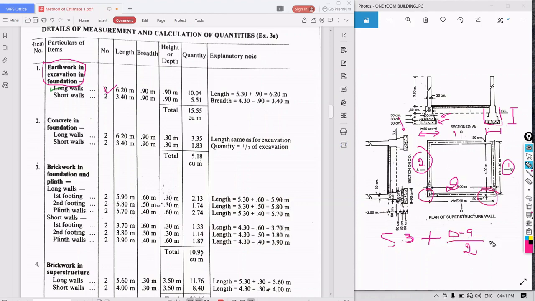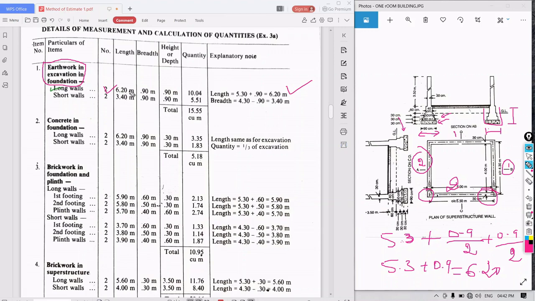So 0.9 by 2 plus 0.9 by 2. Or another method is 5.3 plus 0.9, it would be 6.20 meters.